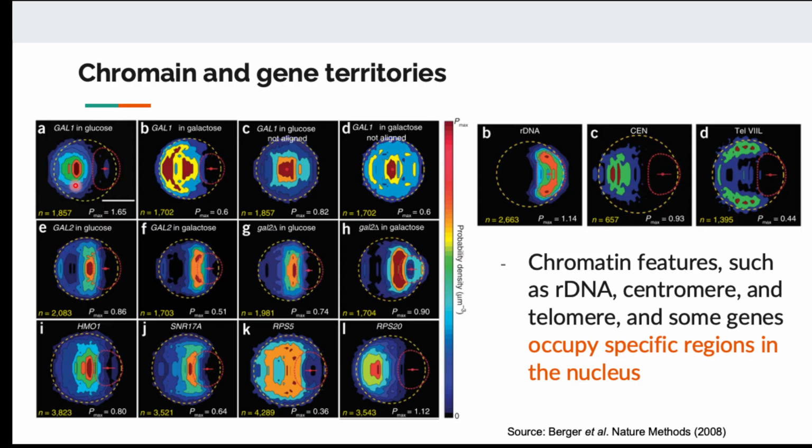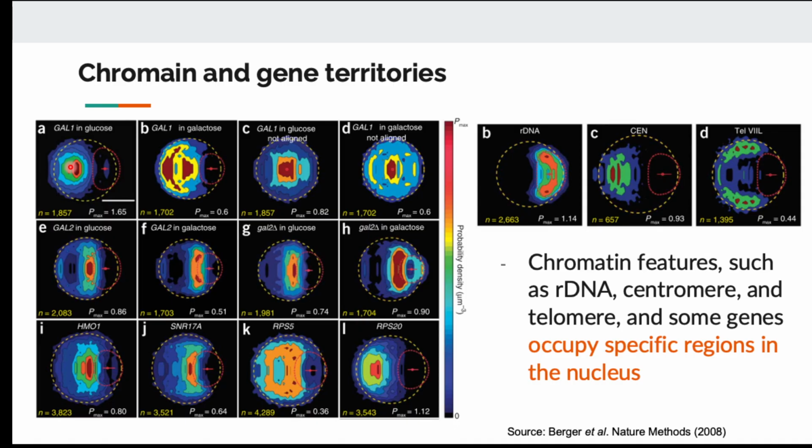For example, GAL1, if the nutrient is rich in glucose, so everything that we are seeing here, we are fixing the location of the centromere. So we have a frame of reference, which is the location of the centromere. We found that the GAL1 position is near the centromere and very stable. If you assume that the location of GAL1 doesn't really matter, GAL1 should be able to be anywhere, depending on the cells.